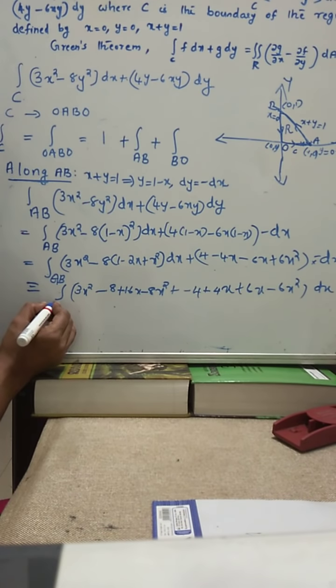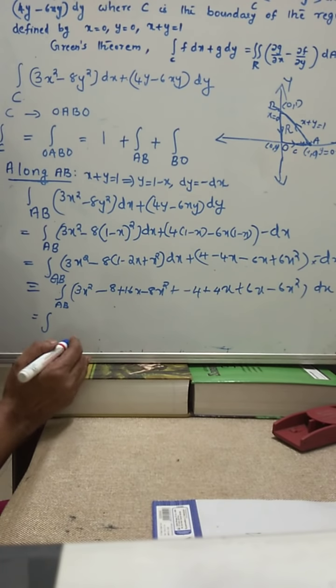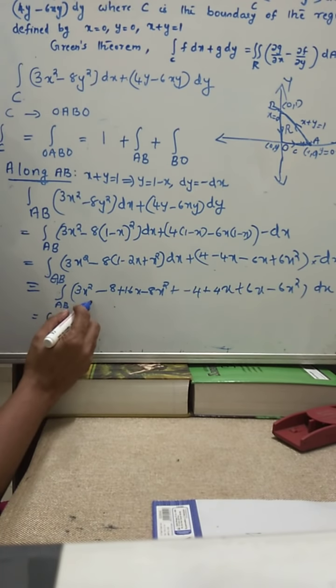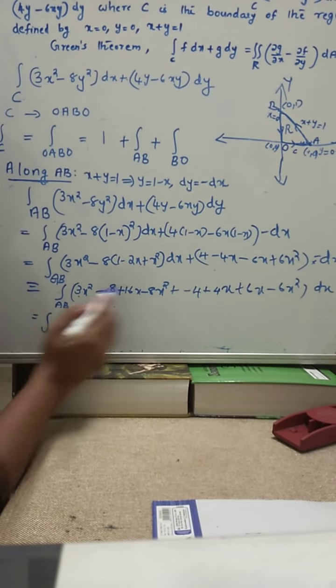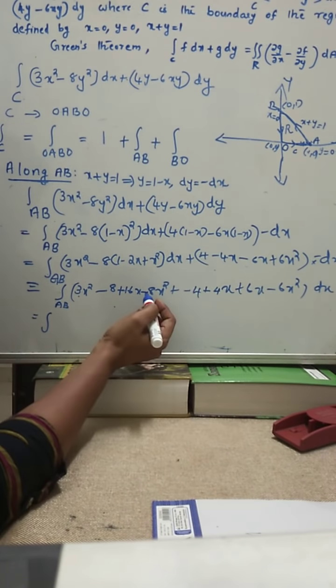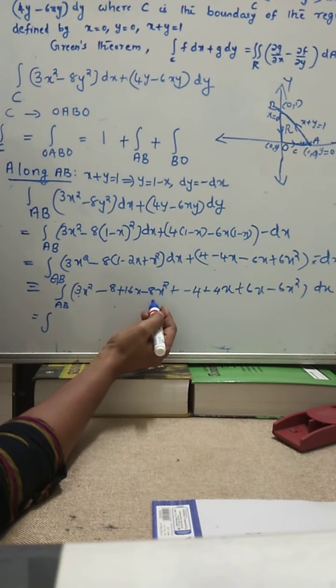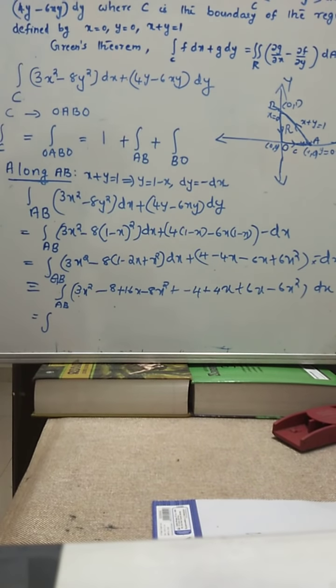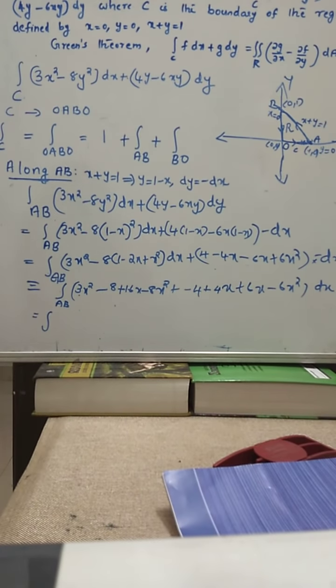That is along AB. We will simplify the terms: 3x² − 6x² is −3x², then −8x², so you will get −11x².